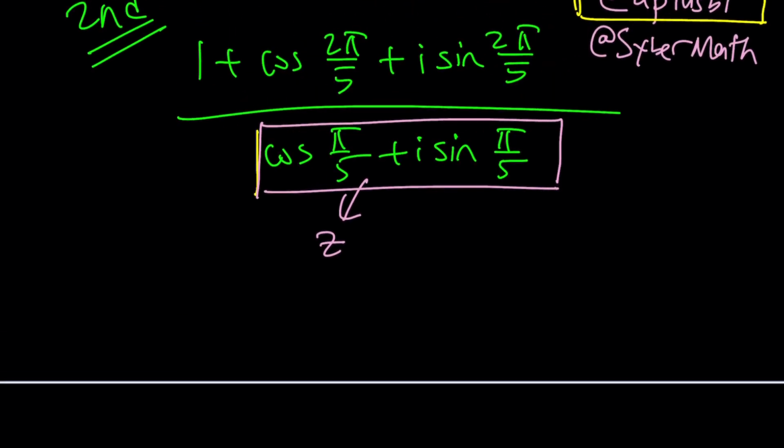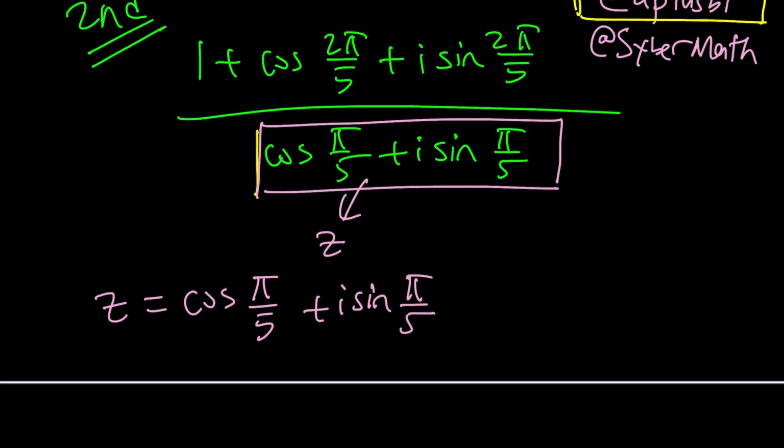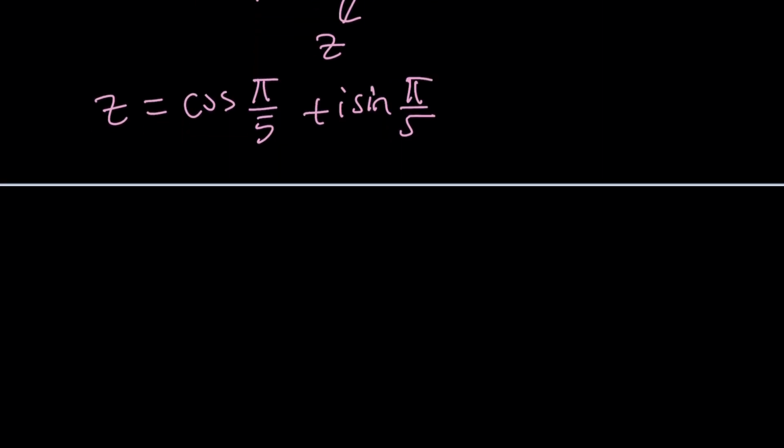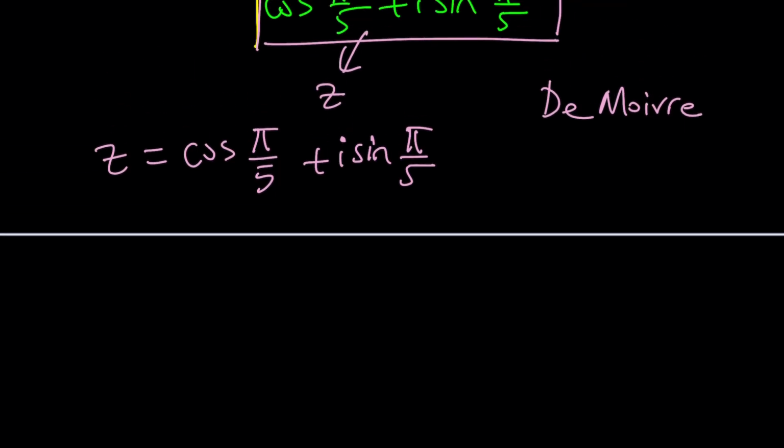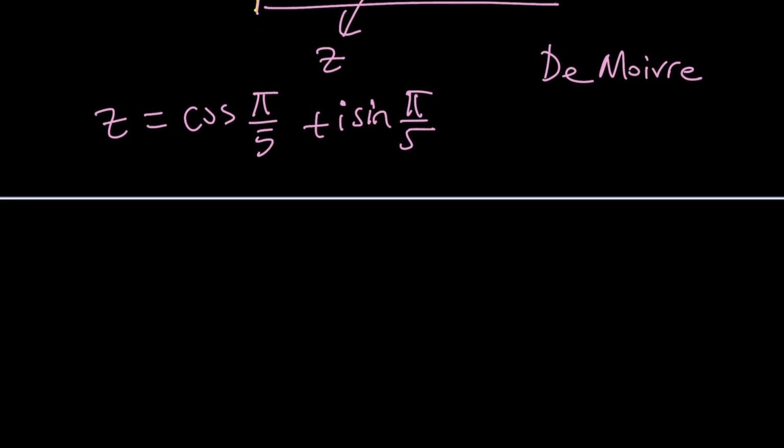But here, if you call this z, De Moivre's theorem, I could never say the French pronunciation. That's why I go with the American English version. I think it's spelled like this. I could be wrong with the punctuation marks or whatever. But this theorem basically tells us that you can easily take a number z like this and raise it to any power.